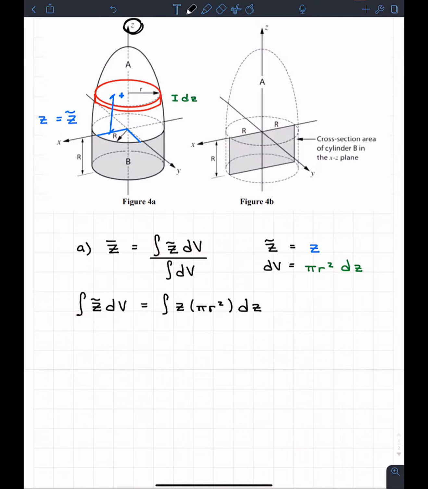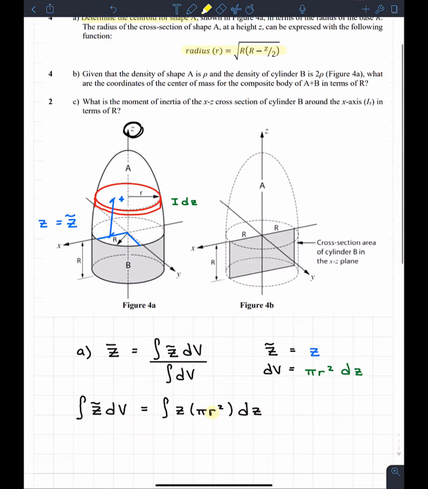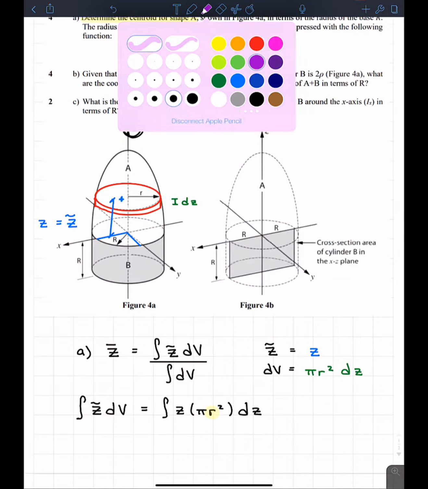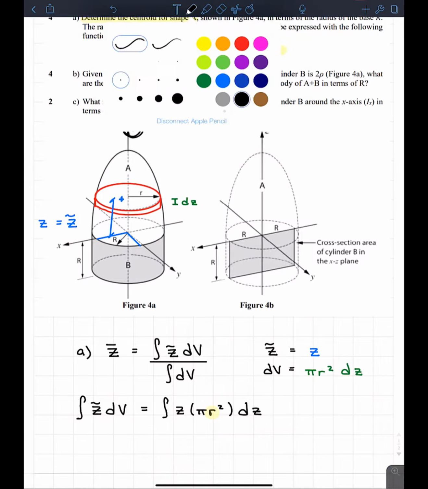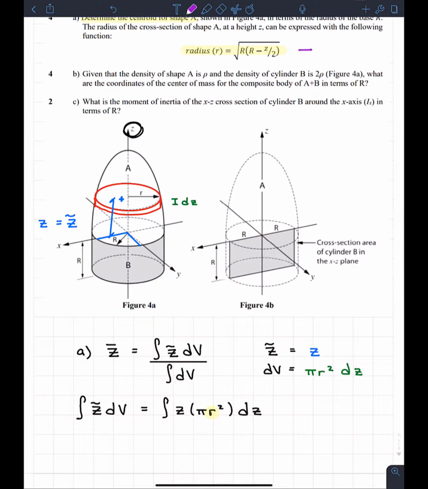So we need to somehow take this r that's in this equation right here and modify it so that it's in terms of z. And the way that we do that is always with the equation they give us. So if we come up here, I'm going to do some purple, they actually give us a nice equation. Oops, I don't want purple highlighter, I want a purple pencil. They give us a nice equation for r that's in terms of z.